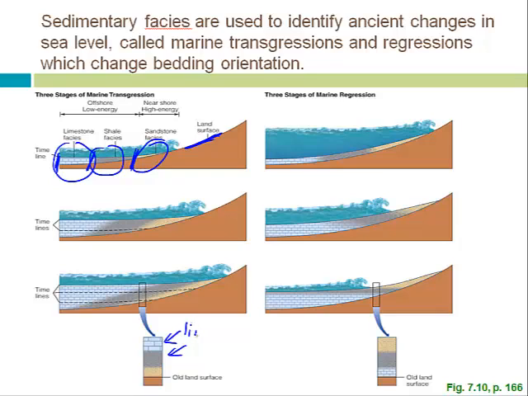So this would be limestone. This would be the shale. And then, of course, this on the bottom would be sandstone. Now, if you look at the regression, obviously it's reversed.